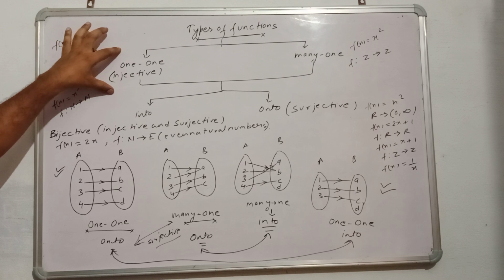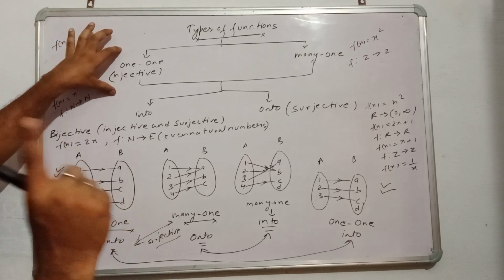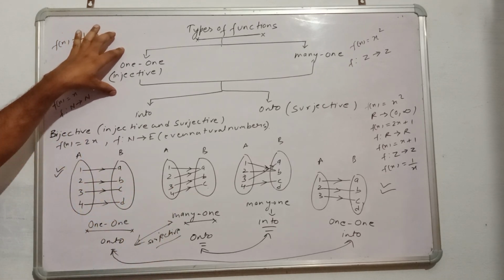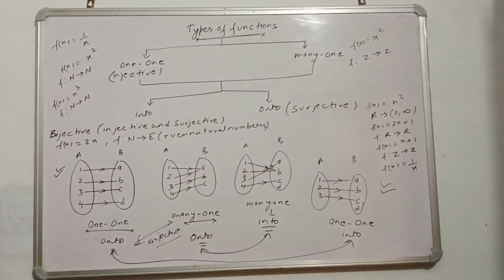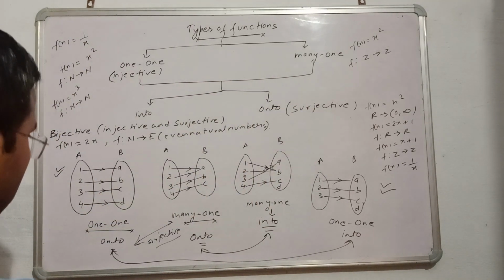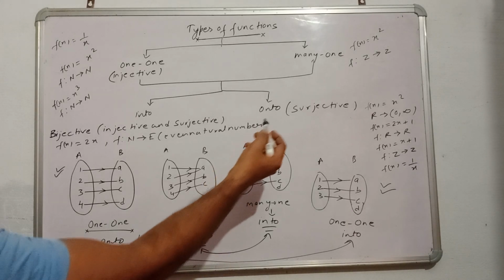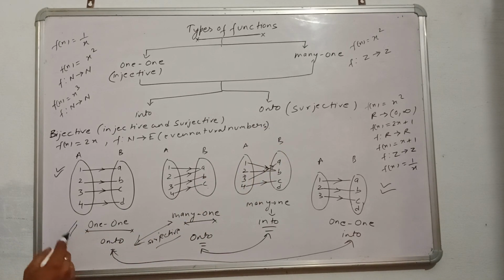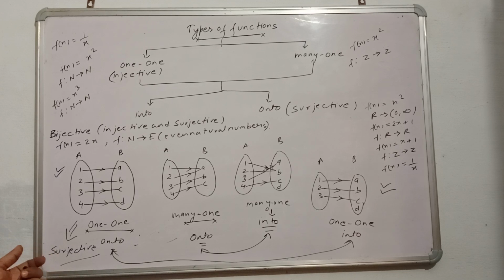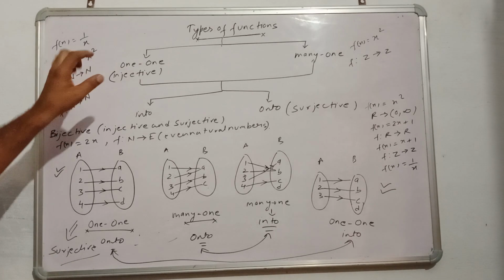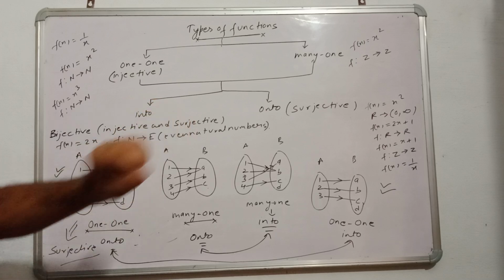Which one have we said? Injective means the function should first of all be injective, one-one. Second thing, surjective also, meaning onto. So this one is called surjective also. One-one is there, onto is there.